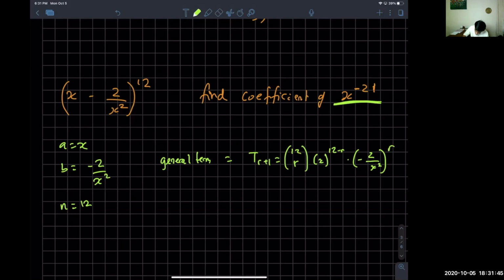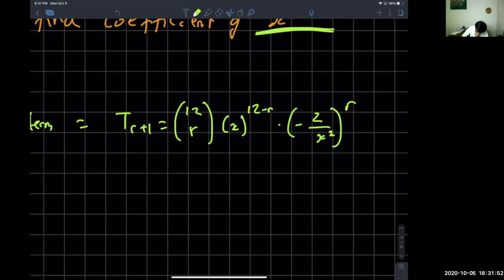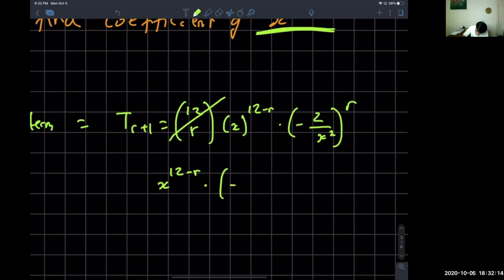And here we want when the exponent is negative 21, right? So let's expand this out over here. So we can ignore this for now. So we have x to the power 12 minus r multiplied by negative 2 times x to the power negative 2, all to the power r. Okay, did that make sense? Let me make that actually one more step, if not.